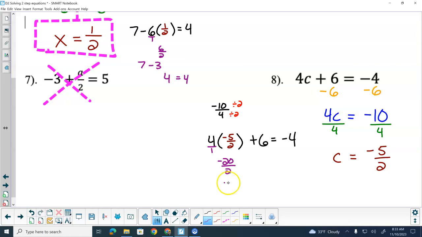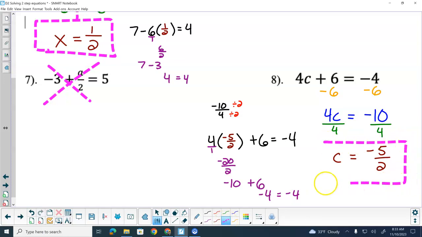Negative 10? Negative 10 plus 6. Negative 4, yep, because we start at negative 10, we go up 6 spots. We're at negative 4. Is negative 4 equal to negative 4? Yes, it is. Shabam. There we go.